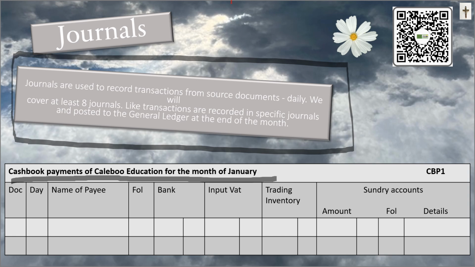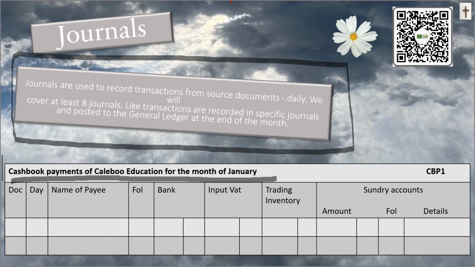You might know it as a cash payments journal, but anything that results in a decrease in our bank balance will get recorded in the cash book payments journal. But the purpose of this video is just to illustrate and show you what journals look like.